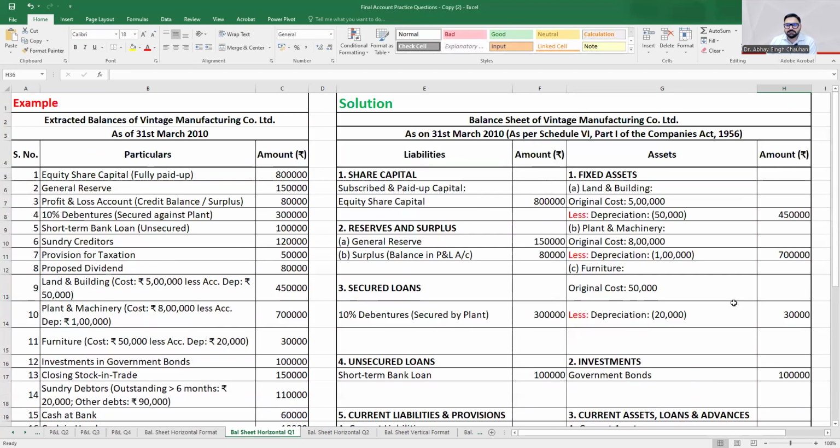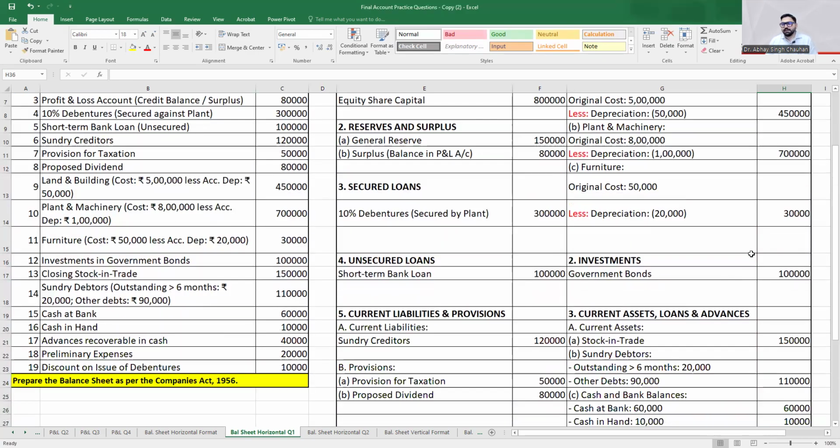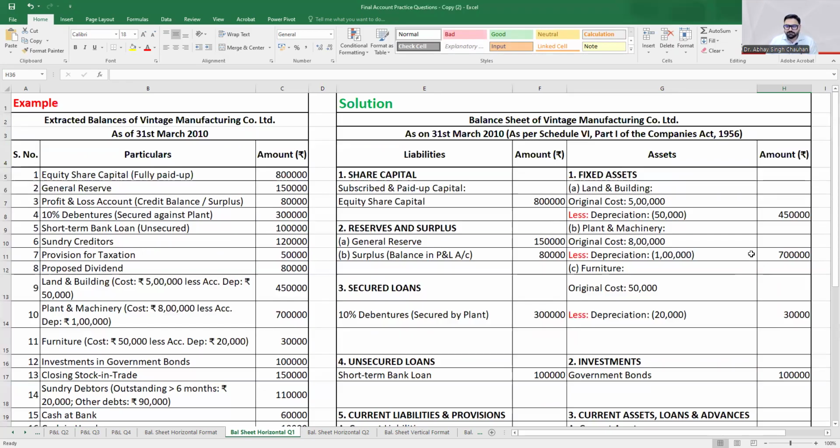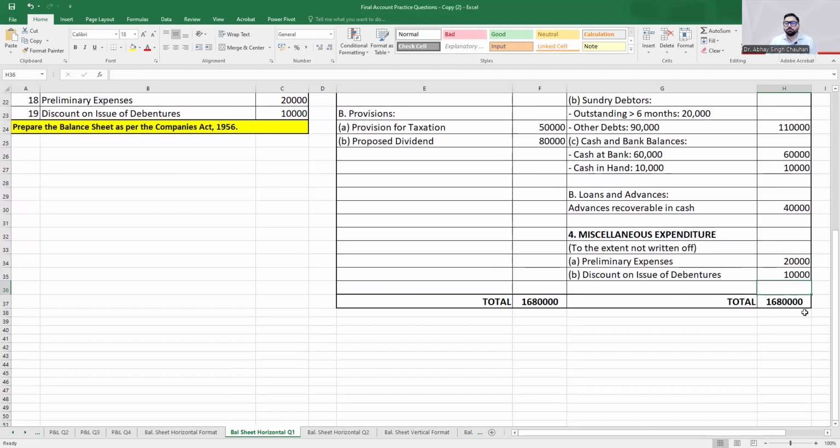So if you could see clearly, all the values have been correctly mapped and copied to their respective heads. Now when you look into these one by one, at the end you get a total, and both the side totals are equal, right? So that means your 1,68,000 of liability side is equivalent to your 1,68,000 of asset side. So both the balances got matched, and this satisfies your accounting equation. If you could remember clearly, what is the accounting equation?